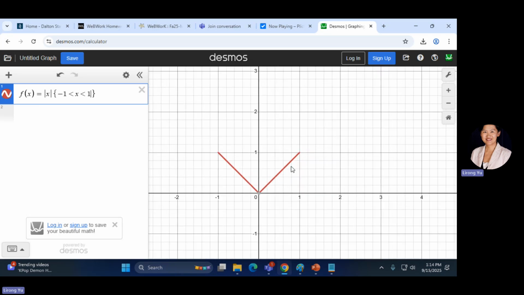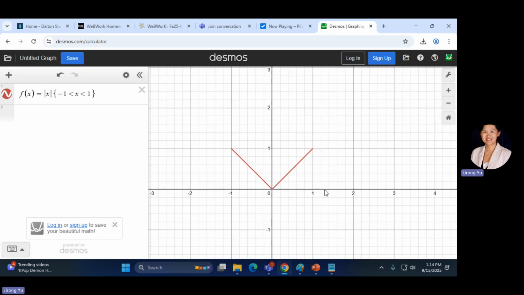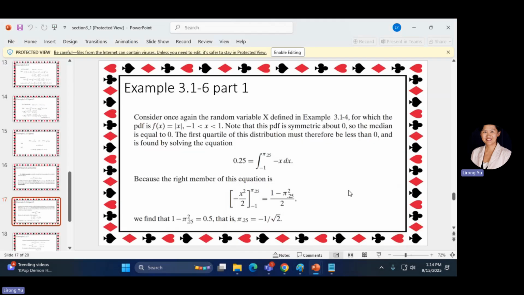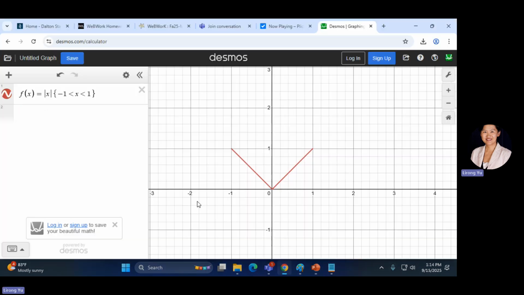Right, so that's the density function. That's the absolute value of x from -1 to +1. So that's our density. And so then the area below the density function, you can see the percentile is at 0, right?